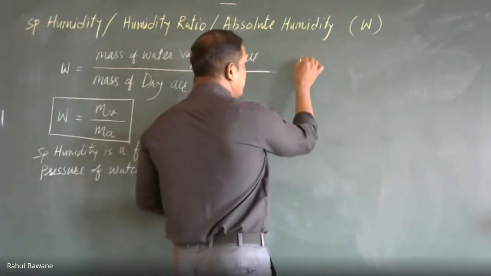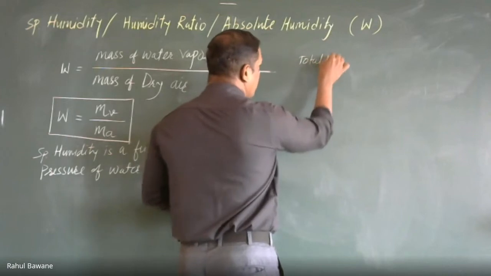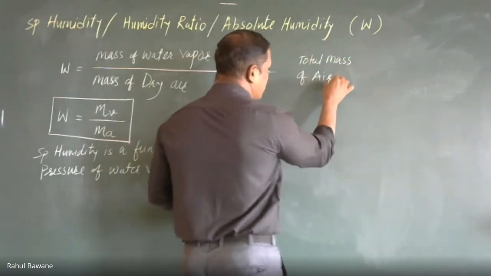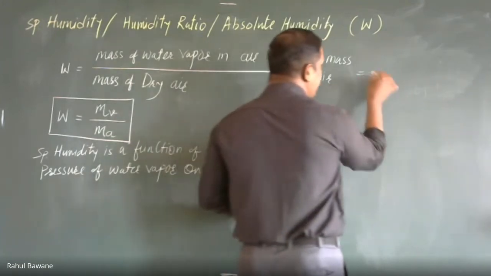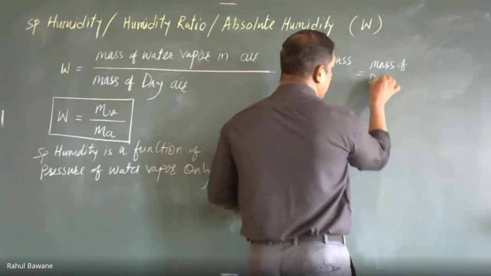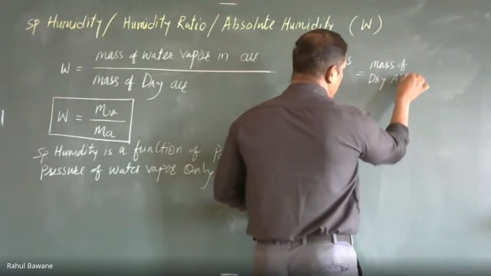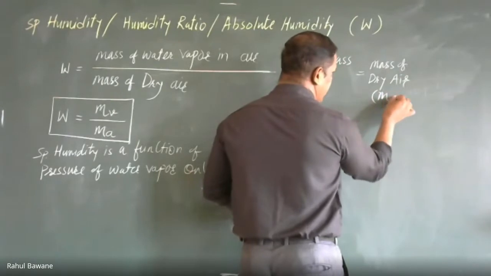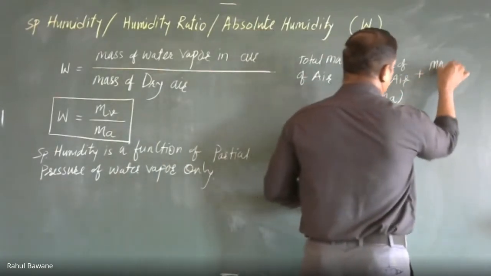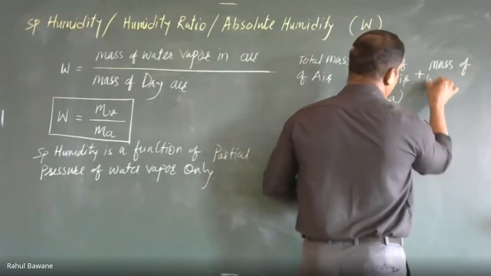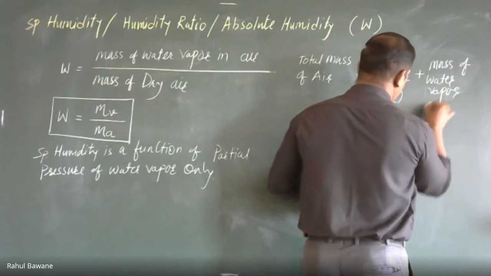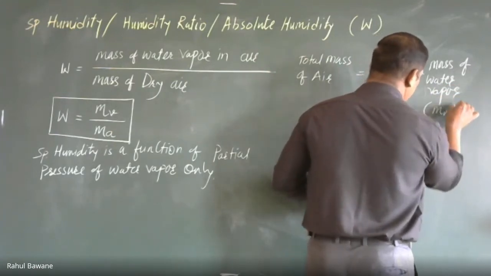When I am talking about the total mass of air, it means there is a mass of dry air, which is written as small ma, plus mass of water vapor, which is written as mv.